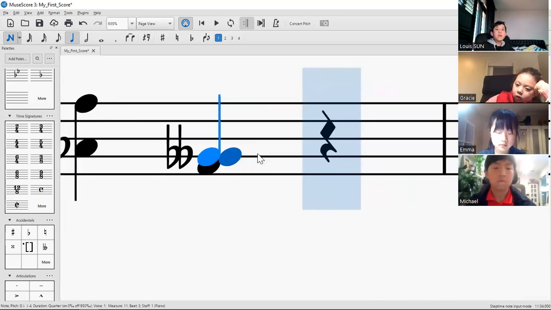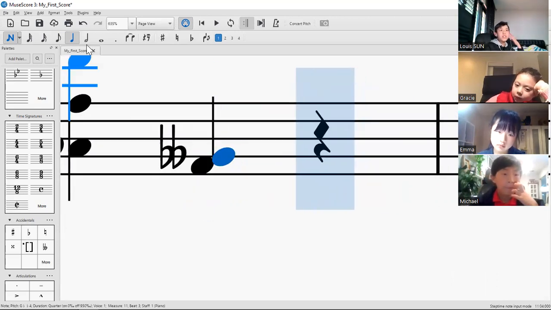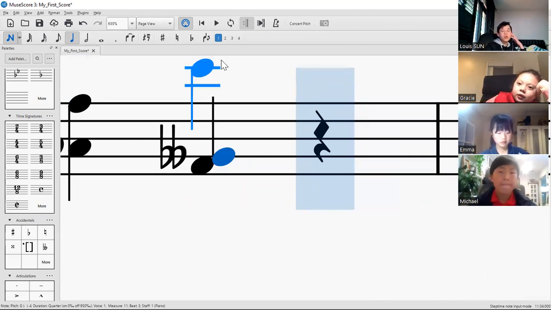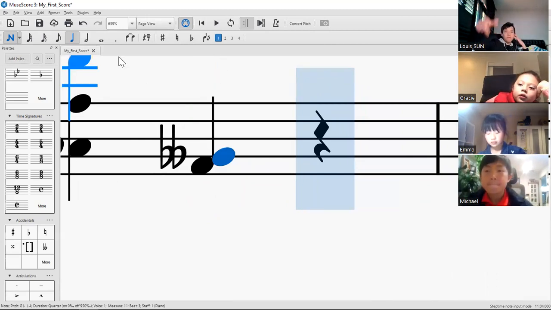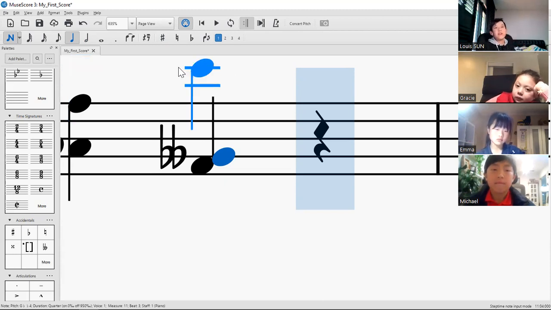Now this is a diminished second. So clearly F to G would be a major second. F to G flat, one semitone less, would be a minor second, and F to G double flat would be a diminished second.